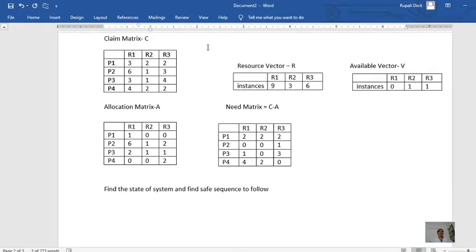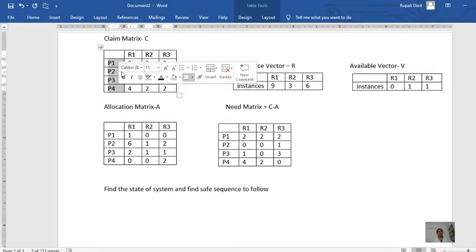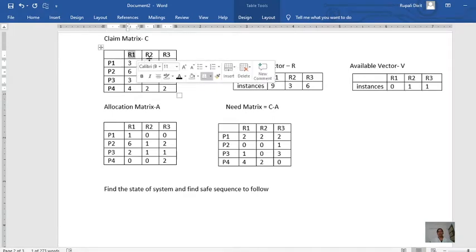According to this matrix, P1, P2, P3 and P4 are the processes, and R1, R2, R3 are the resources available in the system. Considering P1, 3 resources of type R1, 2 resources of type R2, and 2 resources of type R3 are needed by the process for its complete execution.